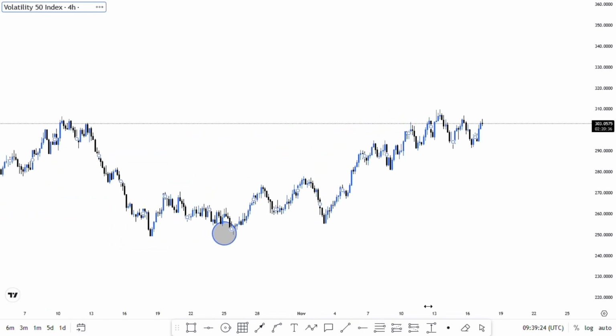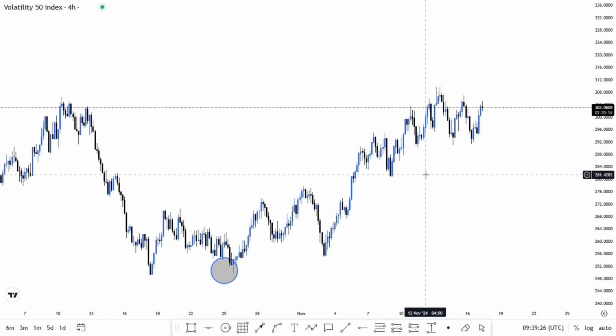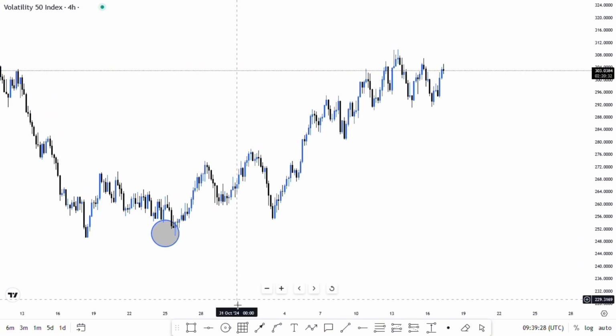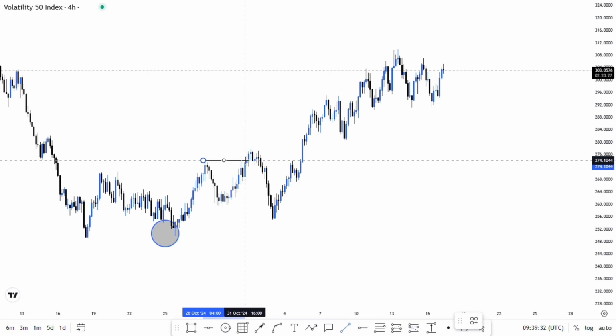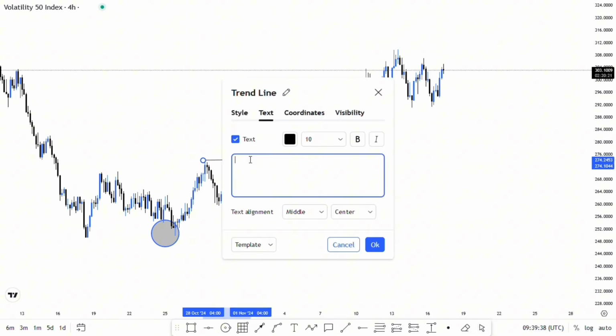On the 4-hour time frame, let's look at market structure. As you can see, the market has been breaking structures to the upside. So now we have this break of structure number 1.